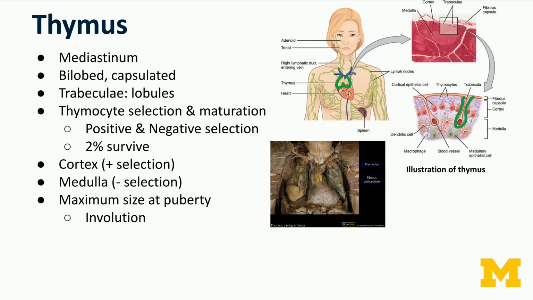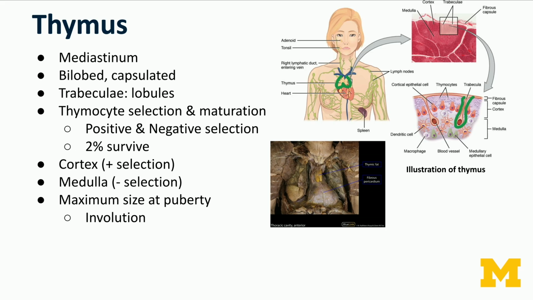Well, within both the cortex and the medulla, there is a process of T cell selection and maturation. And so we have to train T cells to, one, become reactive, and two, not become so reactive that they'll react against ourself.